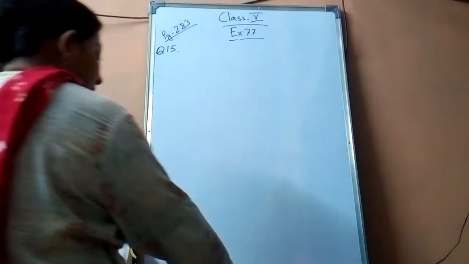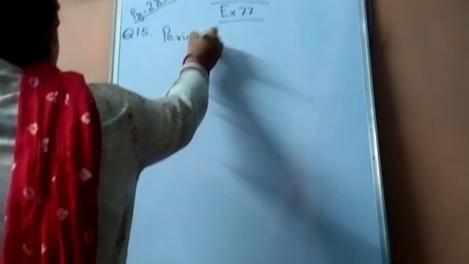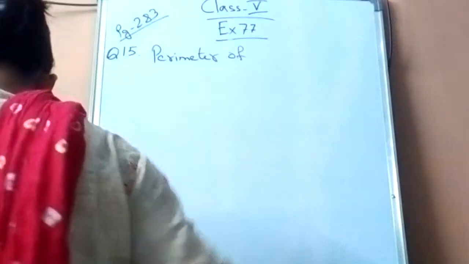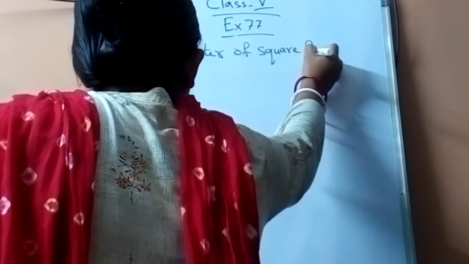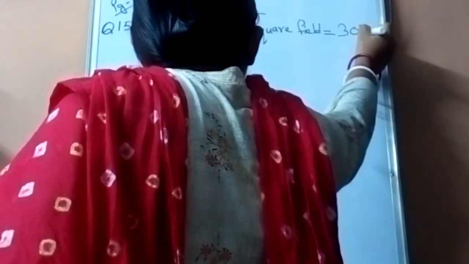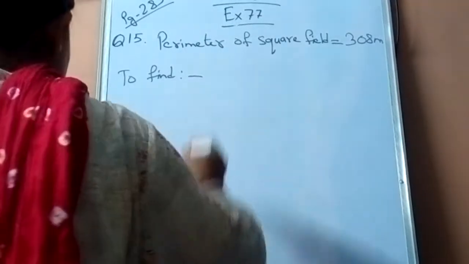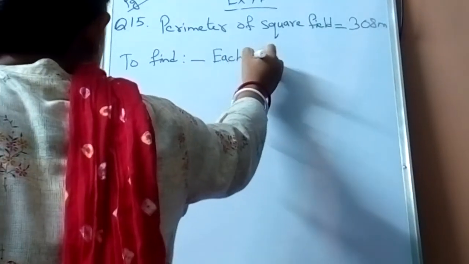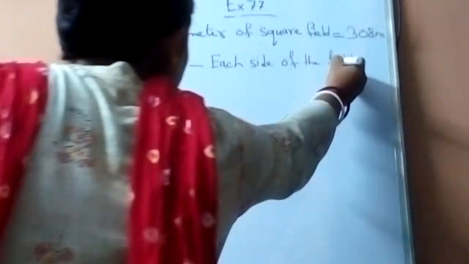So number 15, perimeter of square field is given, 308 meter, and to find each side of the field.